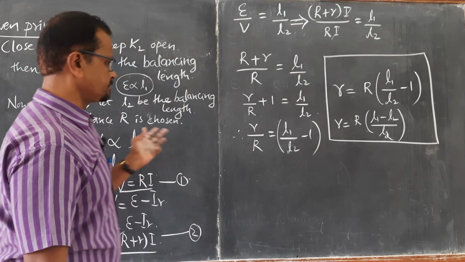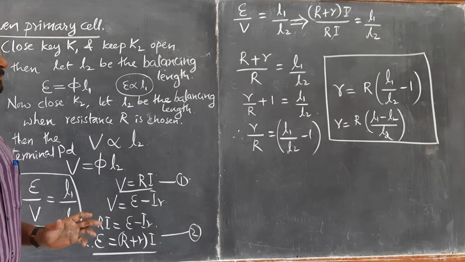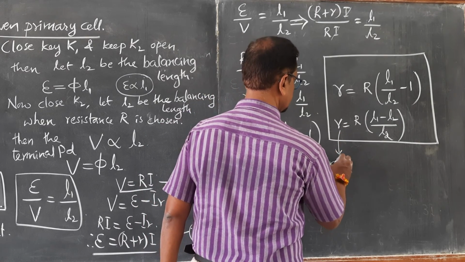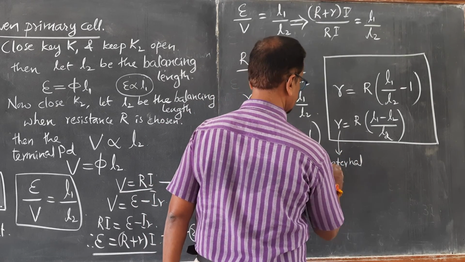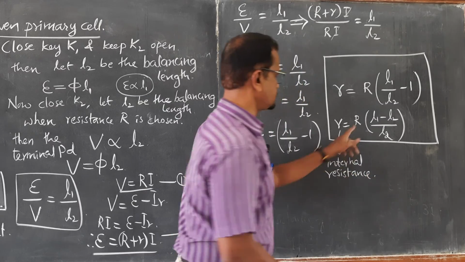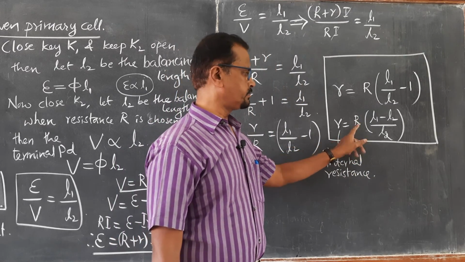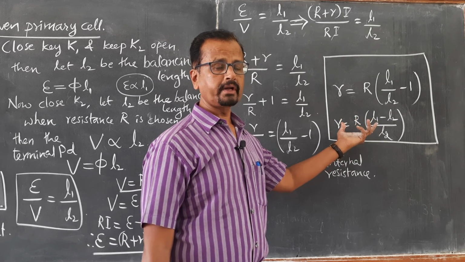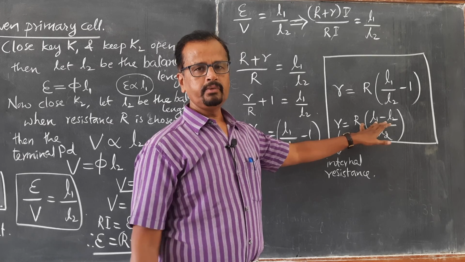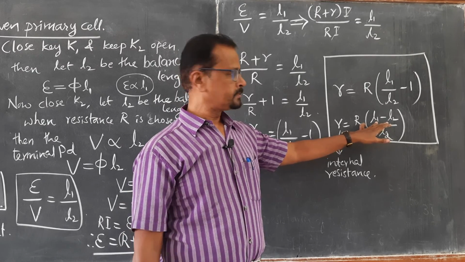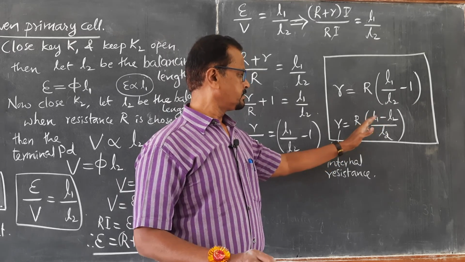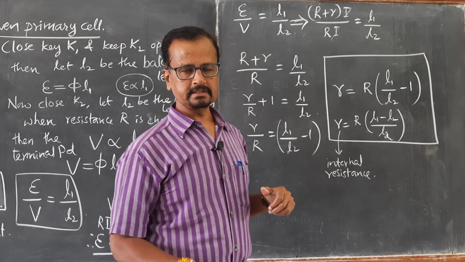This gives us the internal resistance of a cell, right? So this R value is a known value, that is either 5 ohm or 10 ohm, whatever it is. L1 is the balancing length without taking the resistance R, and L2 is the balancing length after taking the resistance R. Then we get the internal resistance, right?